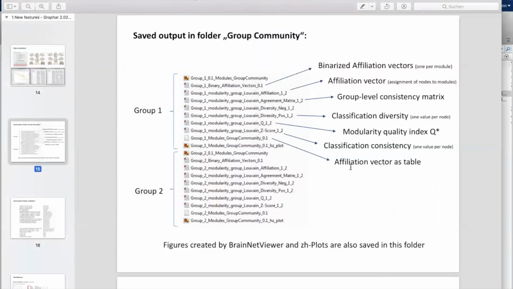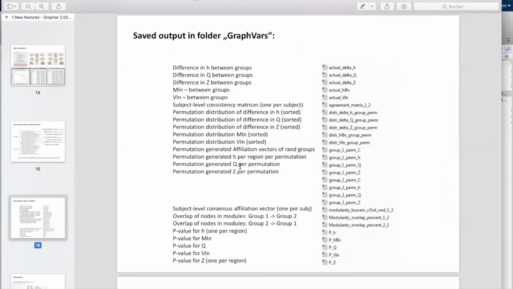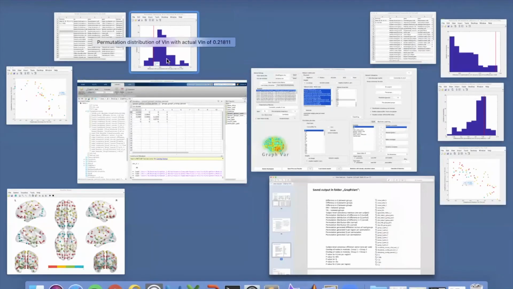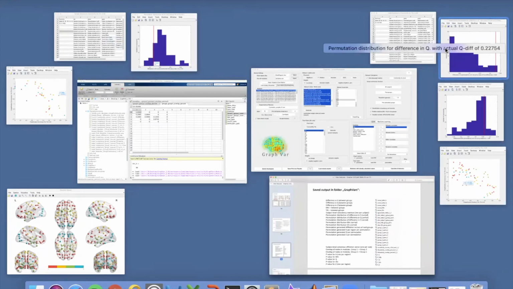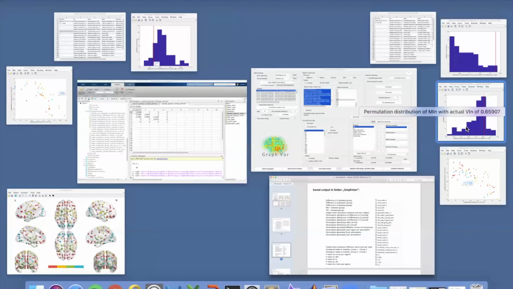Okay, let's just go one step back to see what else is actually saved in our file. From those distributions here, the permutation distribution of variation information, the permutation of Q, and the permutation of mutual information, we always give you the true difference between the groups, and we always give you the non-parametric p-value.